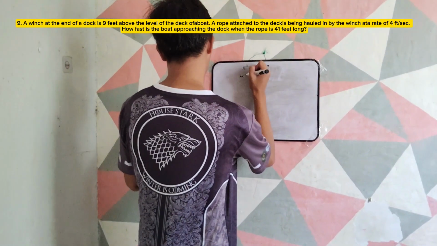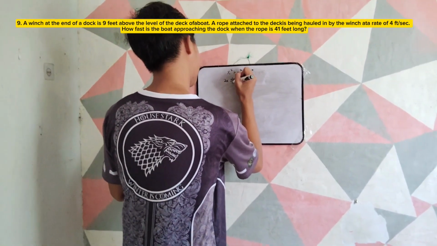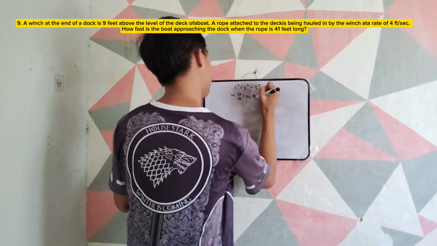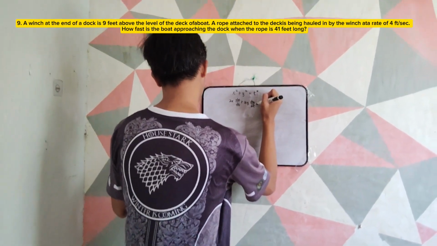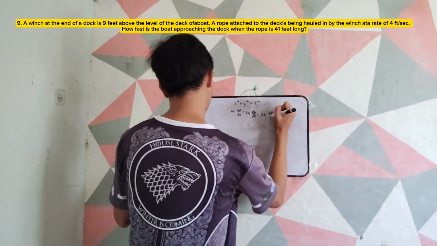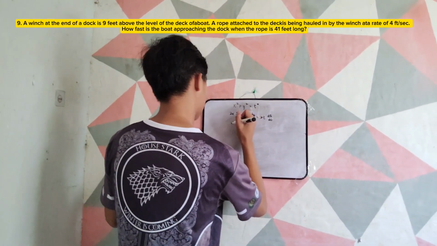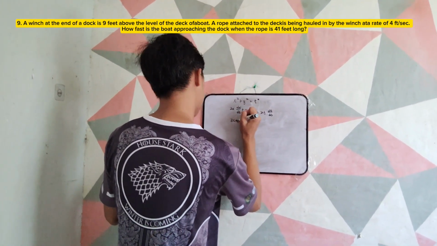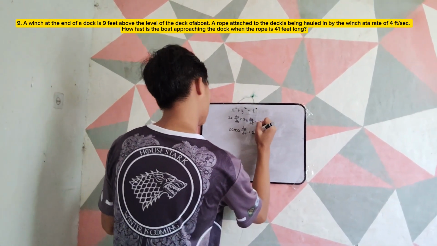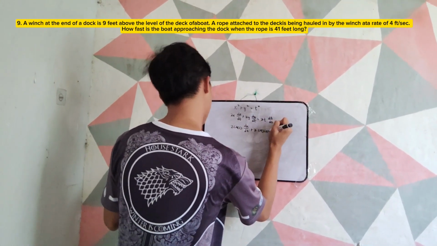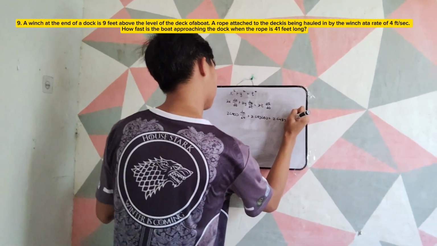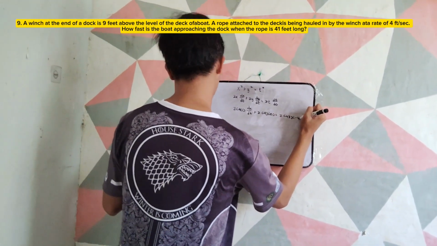So 2x dx over dt plus 2y dy over dt is equal to 2d dd over dt. So 2 times 40 dx over dt plus 2 times 9 times 0 is equal to 2 times 41 times negative 4.